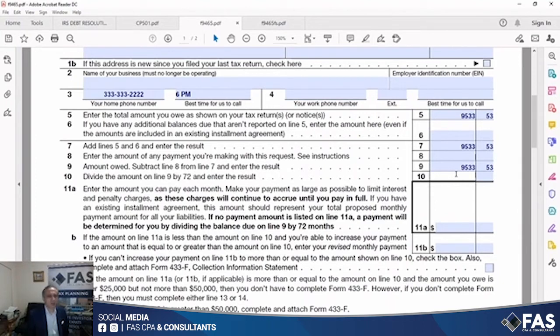The reason that they request that information is to provide you the minimum amount of money that you can pay. Because as we said at the beginning of the webinar, the maximum number of months that you have to pay is 72 months. But remember, the longer the payment terms, the more interest you have to pay.